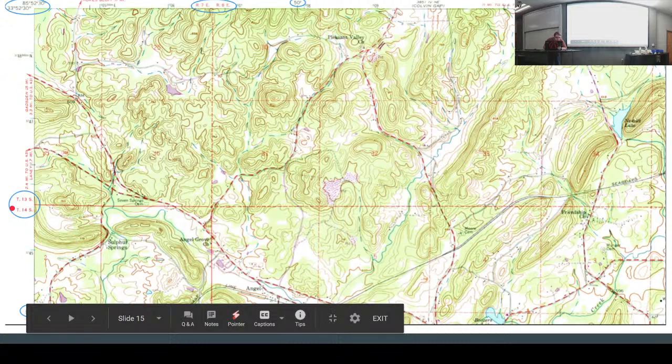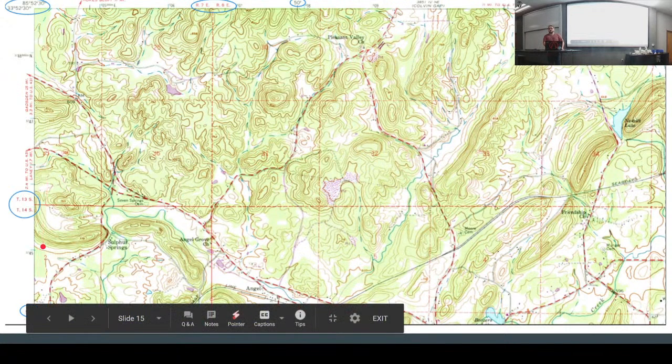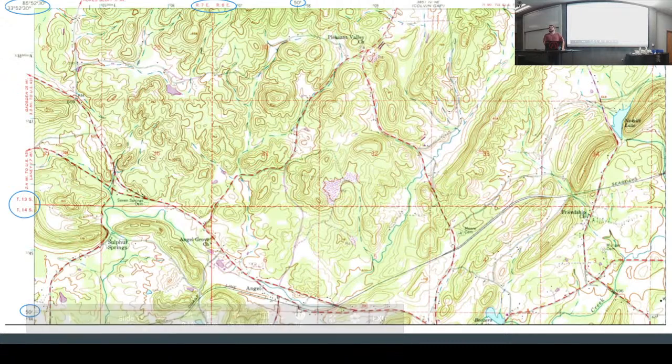And as we go on up, we know that up here is 52 minutes, actually 52 minutes and 30 seconds. So we know that somewhere between here there are 2 minutes and 30 seconds.